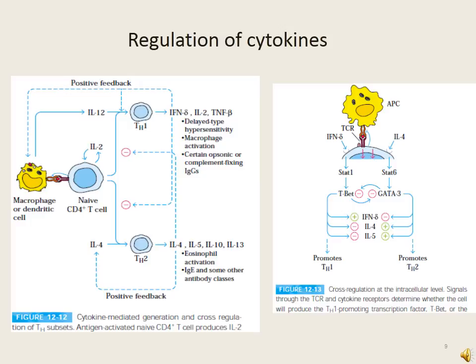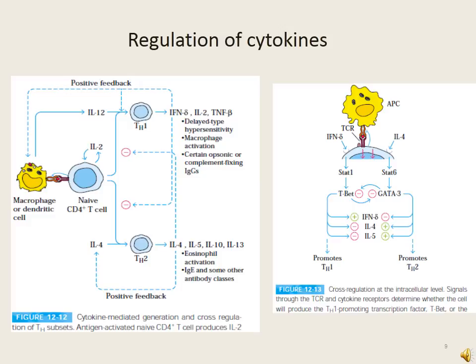For example, if interferon gamma acts on the receptor of the T cell, there will be activation of the STAT1 signaling pathway, and then there is expression of the T-bet transcription factor. Okay, when T-bet is expressed, this T cell will go on to become a Th1 cell.